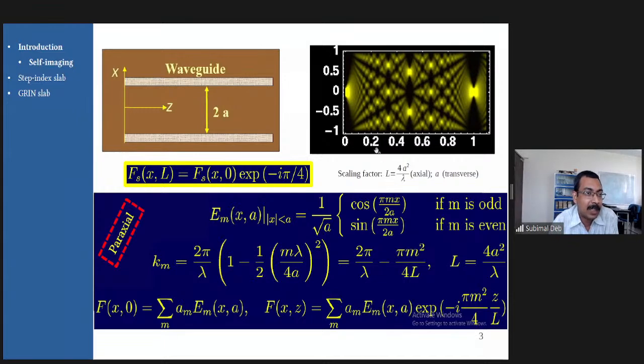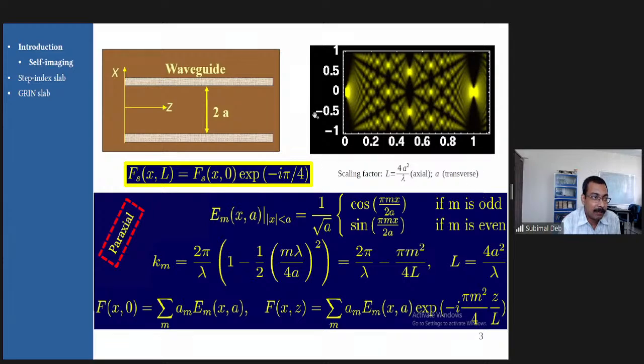And if you have a general field which could be shifted away from the center, so you cannot classify it as being symmetric or antisymmetric, in that case, it will be replicated at a distance of 8L. And the overall phase factor in the case of the general field and the antisymmetric field is 0. It is only for the symmetric field that you are going to acquire a phase factor of minus pi by 4.